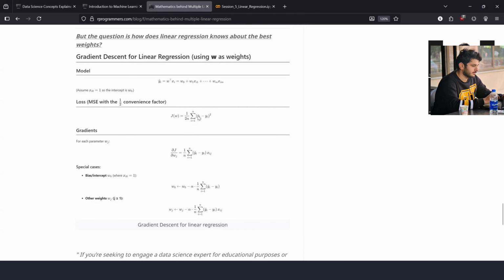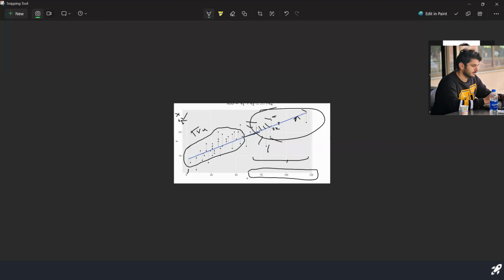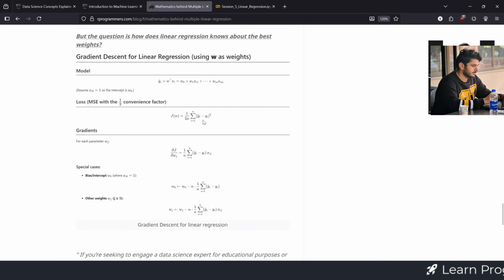So we take predicted values minus actual values, square the differences, and sum that for all the points. We find the difference between this point and this point, this point and this point, all the points, sum them up and get a single number. And we divide it by n, which means the total number of points. Like if there are 10 points, it gives us the average error, a single number.